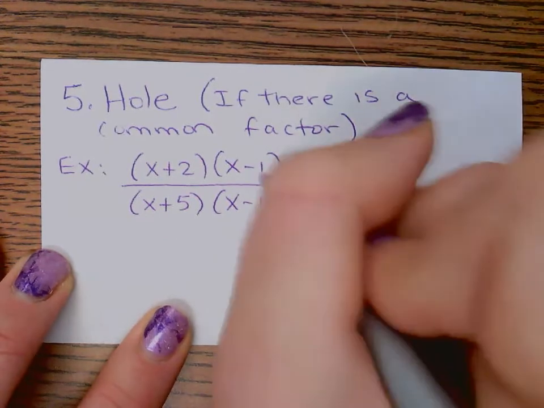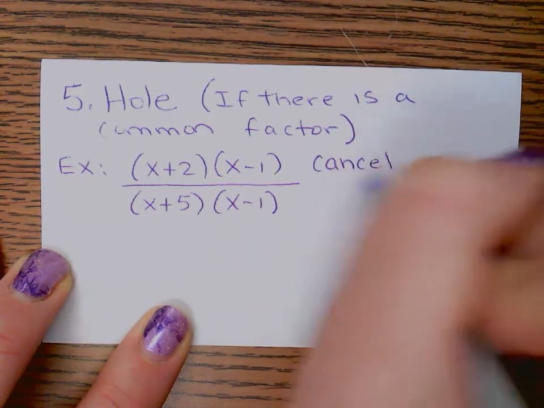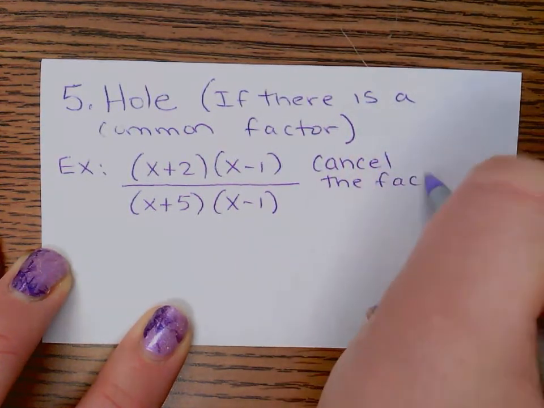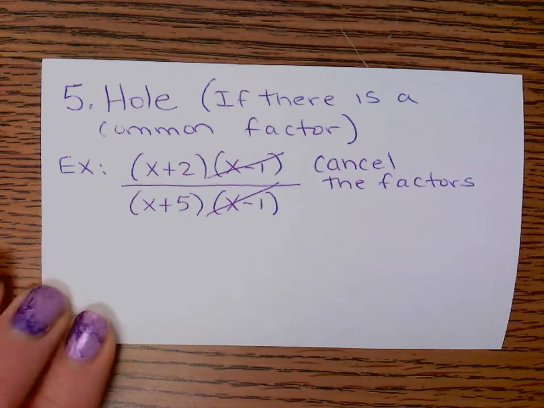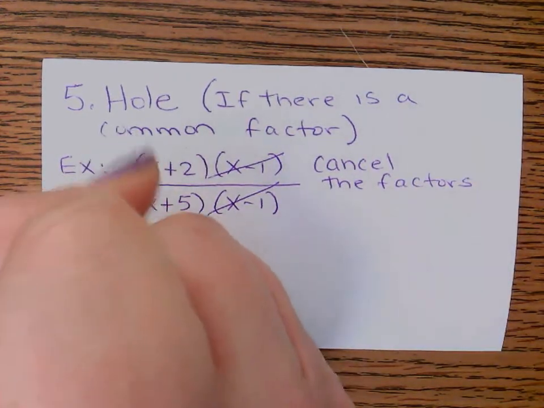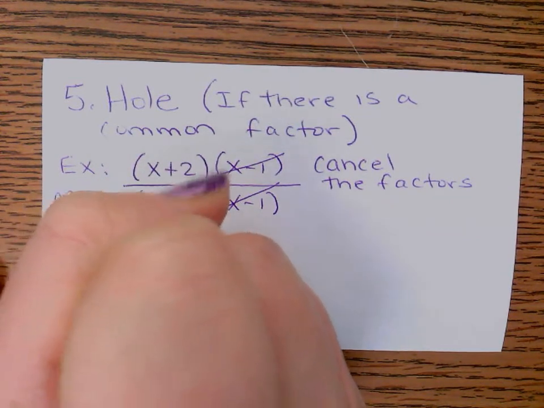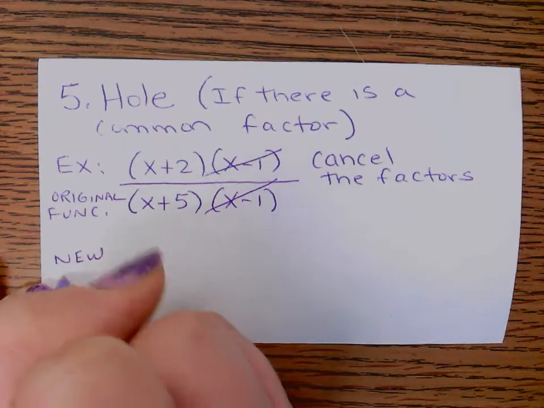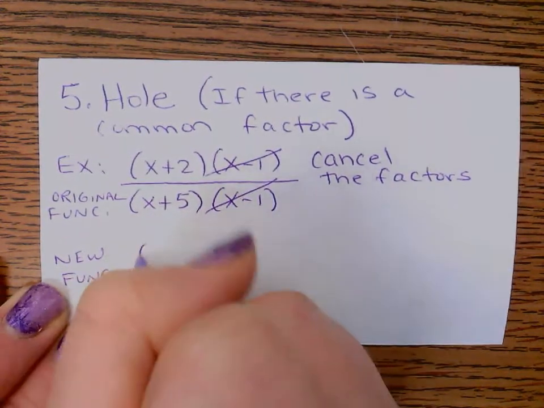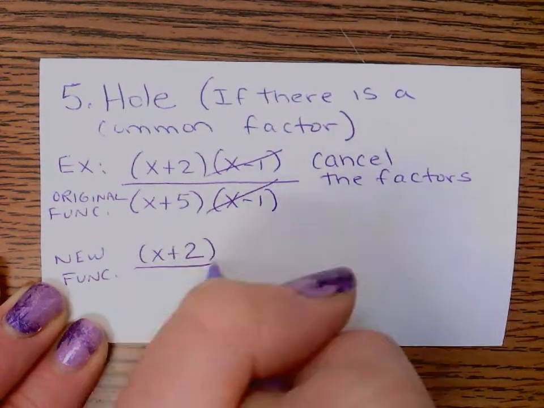So you cancel the factors. This is your original function, and this is your new function, x plus 2 over x plus 5.